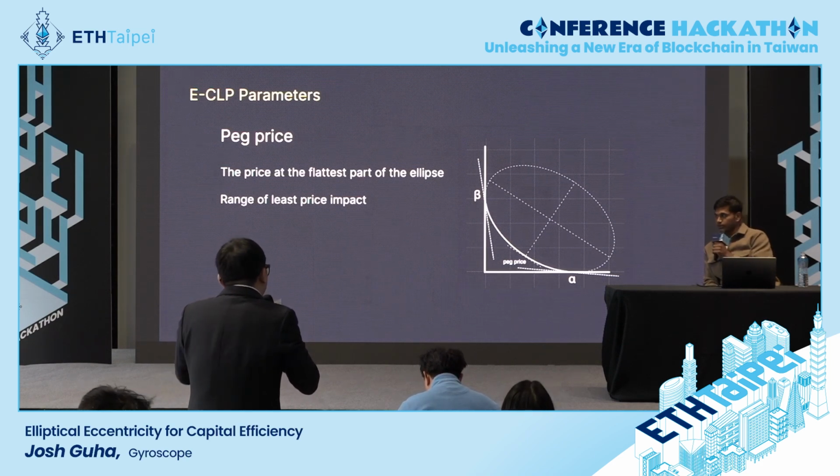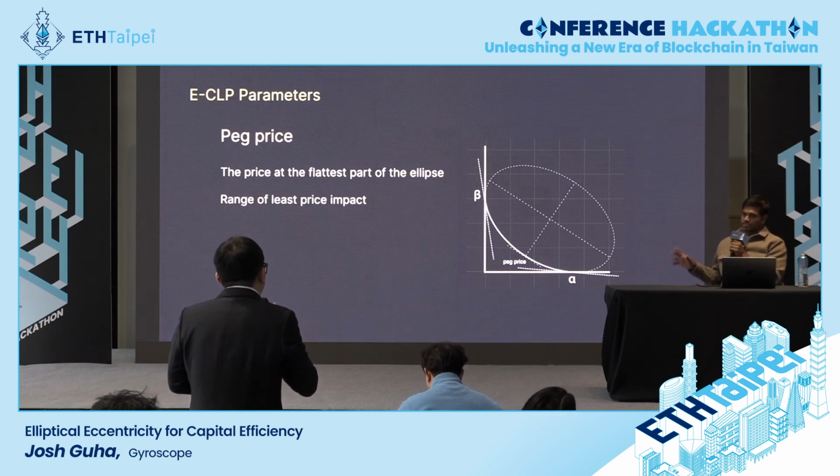Yeah, so the phi is a variable, so you can change it as you like. If the ellipse was a circle, then obviously the angle of rotation wouldn't matter. But since it's an ellipse, the angle of rotation allows you to change the peg price, the flattest part of this ellipse. If it's 45 degrees, then you get a peg price of 1, tan 45, right?